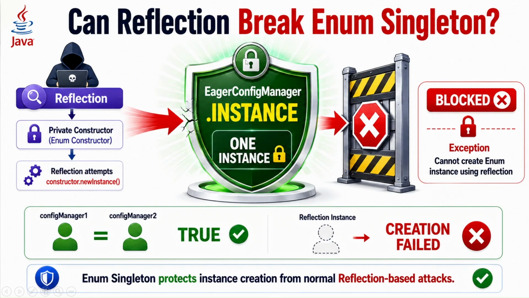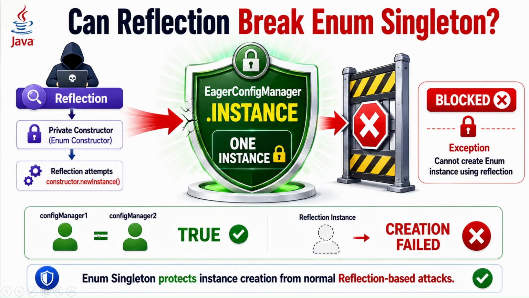And we have already seen this. Can reflection break enum singleton? No. We have just tried and it failed. What we have tried is to use the reflection API and create a new object, and Java blocked that operation, and we received the exception. You can see in the slide as well.